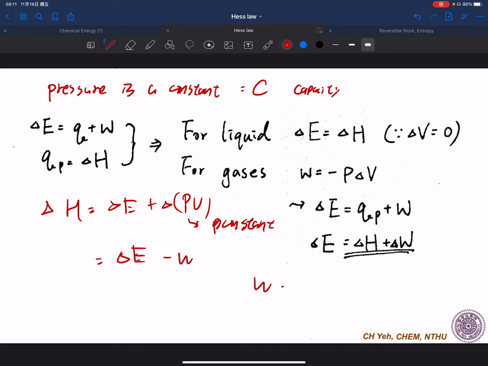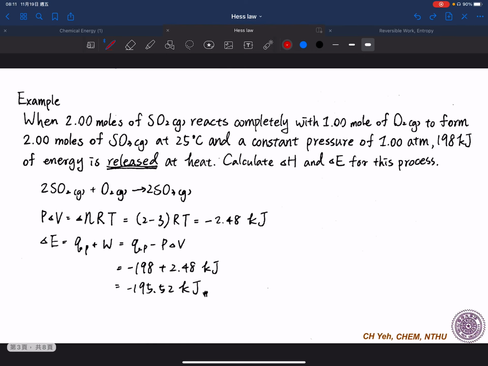We already know that work equals negative P delta V, with a negative sign. So it comes to the same result as the PPT slide has written here.